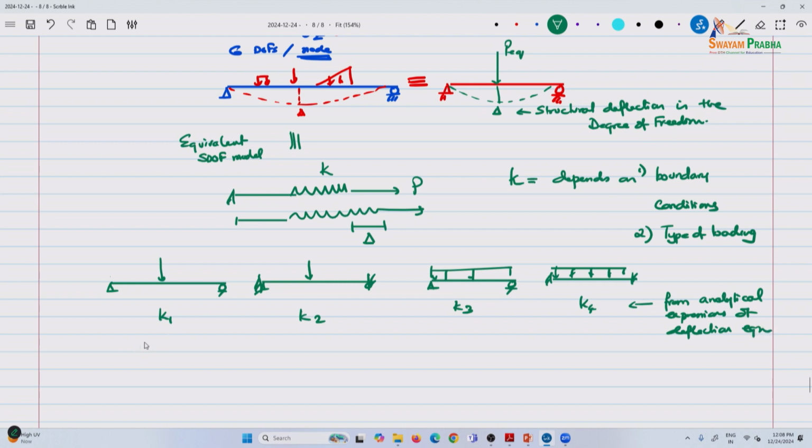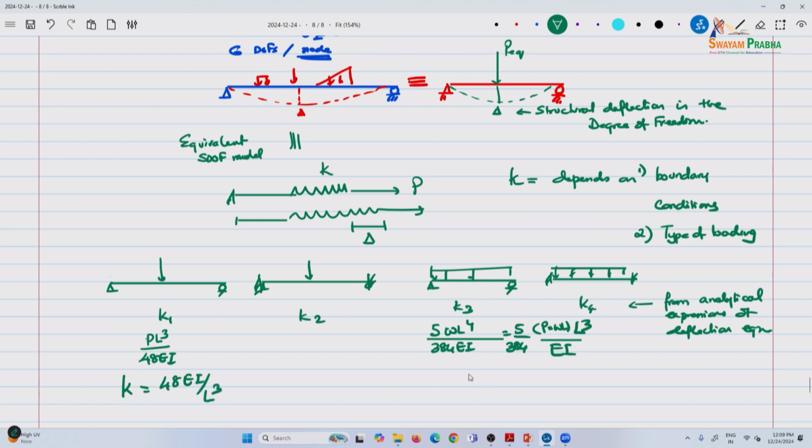So, for example, here I think it is PL cubed over 48 EI, whereas this one is 5 WL to the power 4 by 384 EI, which is nothing but 5 by 384 WL, which is P, L cubed over EI. So, your elastic stiffness in this case is going to be 48 EI by L cubed.